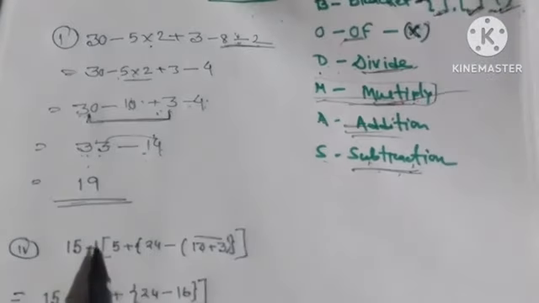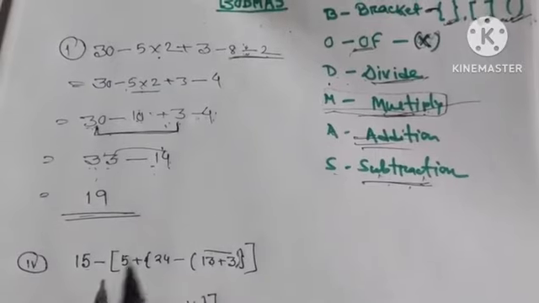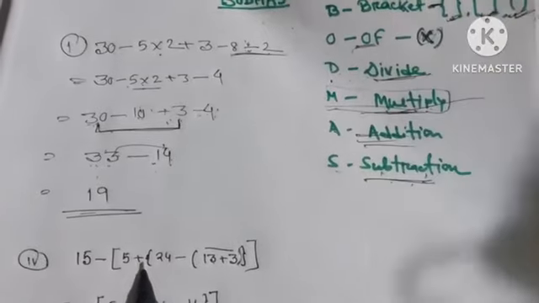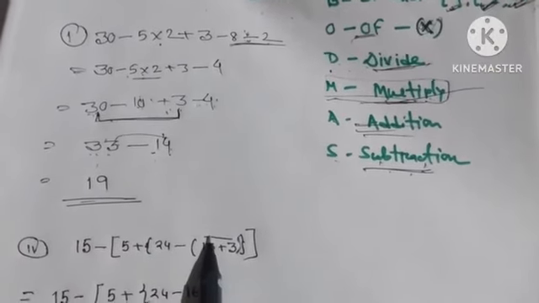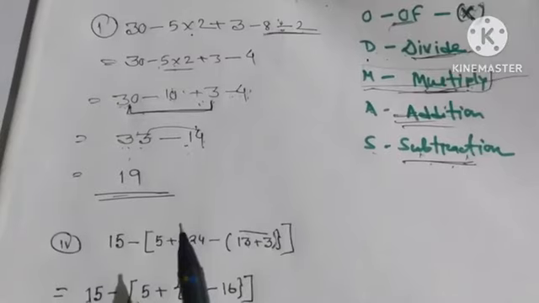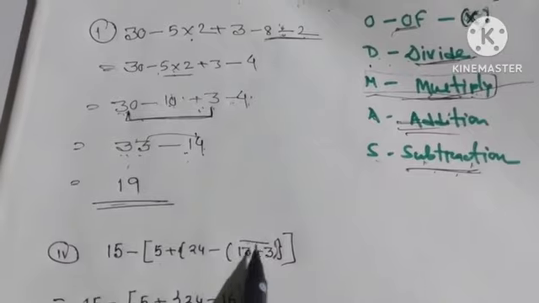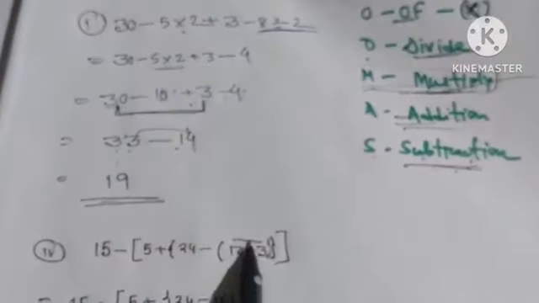In this question, all 4 types of brackets are given. This one is the big bracket, this one is the curly bracket, this one is the small bracket, and this one is the line bracket. So to solve this equation, first we solve the line bracket.